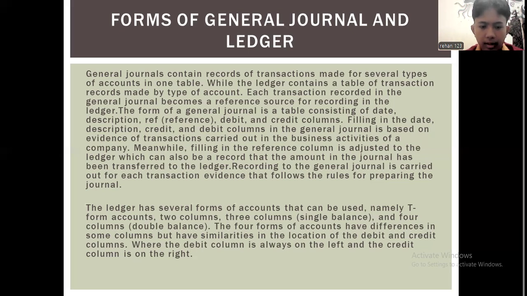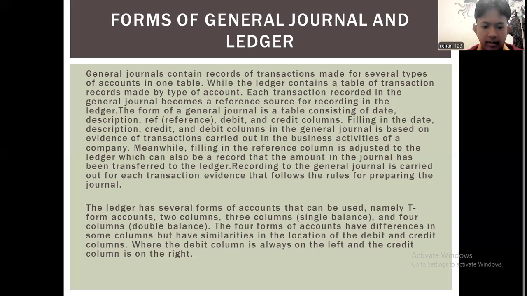Meanwhile, filling in the reference column is adjusted to the ledger, which can also be a record that the amount in the journal has been transferred to the ledger. Recording to the general journal is carried out for each transaction evidence that follows the rules for preparing the journal.